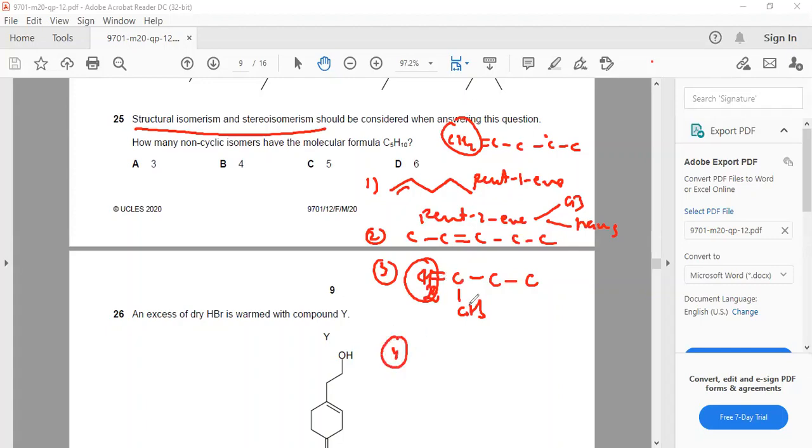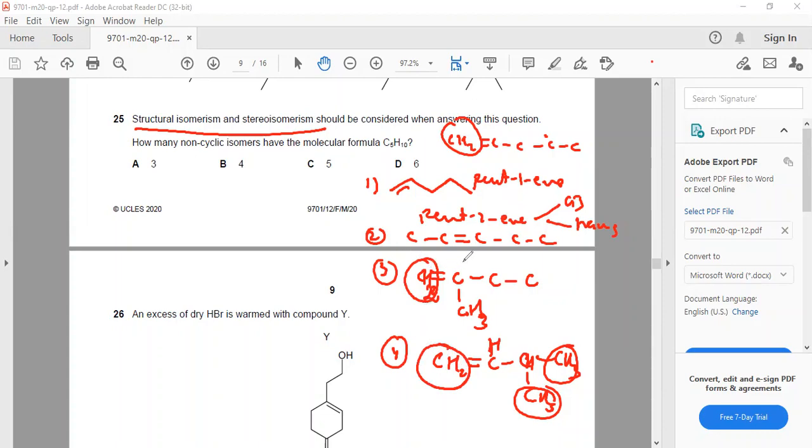Keep the double bond here and move the alkyl group. Again, because we have to make isomers, we don't have to satisfy all valency. Again, there is no chiral carbon, because these two groups are the same, and there is no cis-trans also because the double bonded carbon has two same groups.